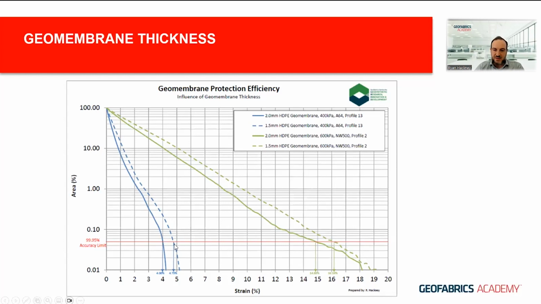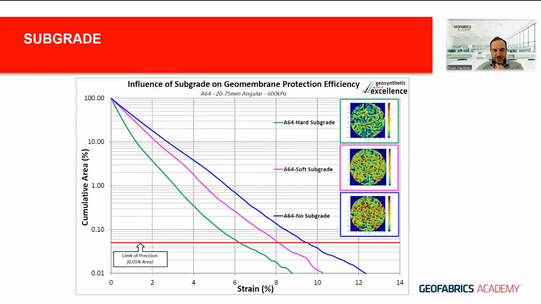The blue lines are being done under 400 kPa with a specific rock profile, whereas the green ones have been done with a different profile and a higher load, but it's really just showing the difference between 1 and 2mm geomembranes and the different level of strains that can be captured.